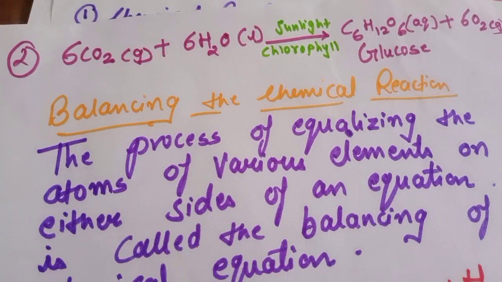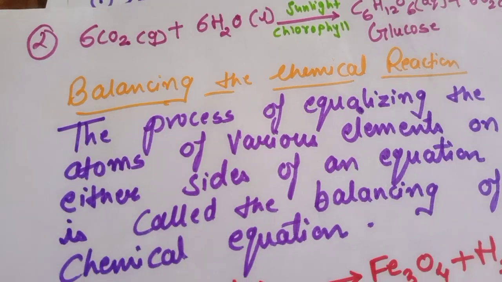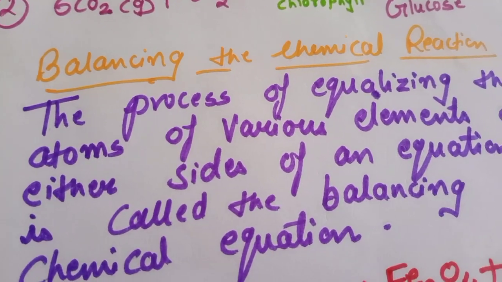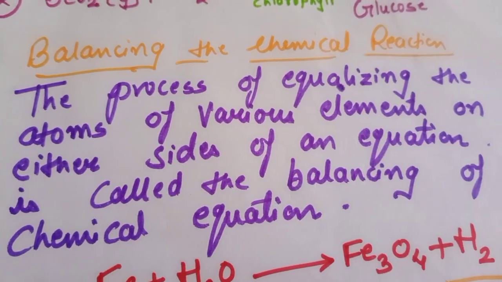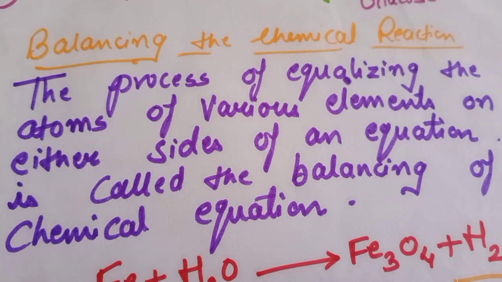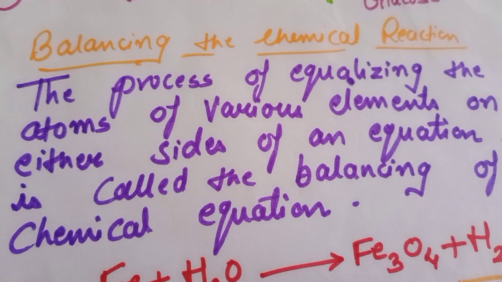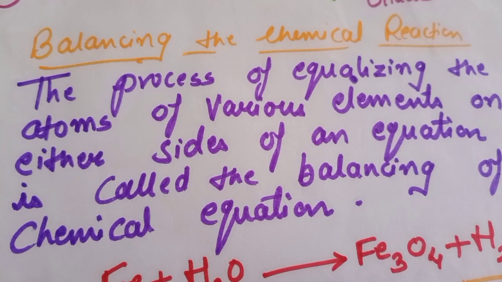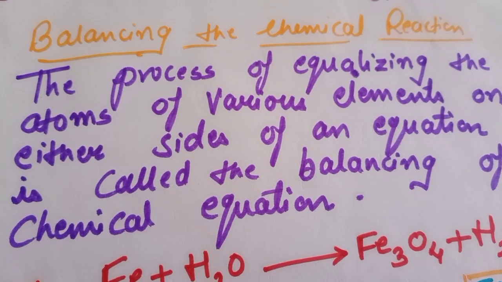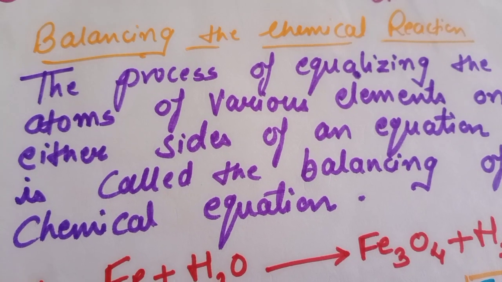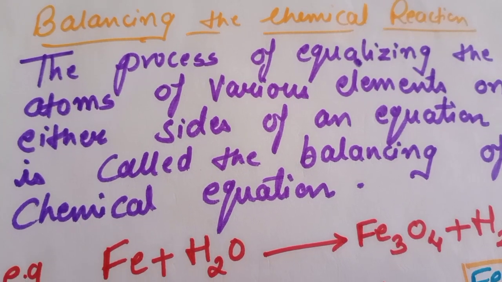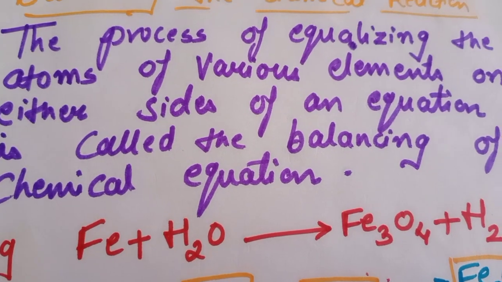Next, let us see how to balance the chemical reaction. Now, what do you mean by balancing the chemical reaction? The process of equalizing the atoms of various elements on either side of an equation is called the balancing of a chemical equation. So we are going to equalize the atoms of various elements on either side of an equation.